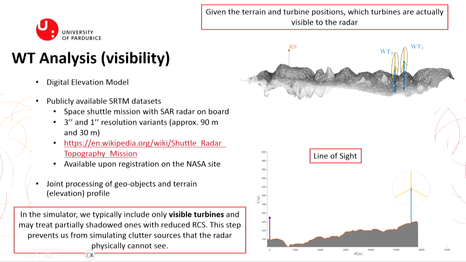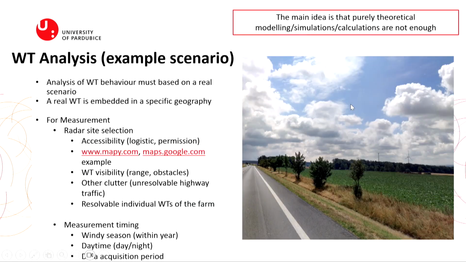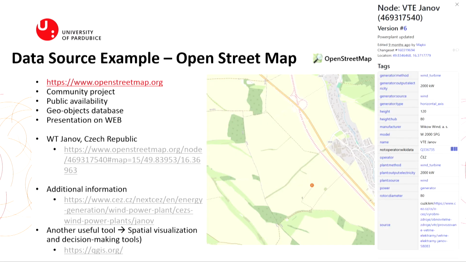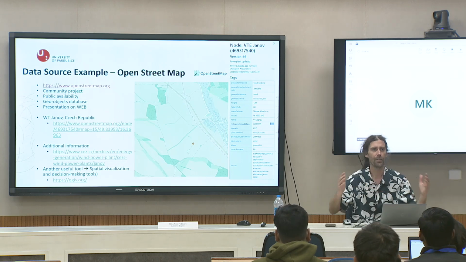And what is a good thing, in QGIS software, I can easily put this digital elevation model to QGIS, so you will see a map like this one, you will see the elevation profile, you will see wind turbines, and everything.